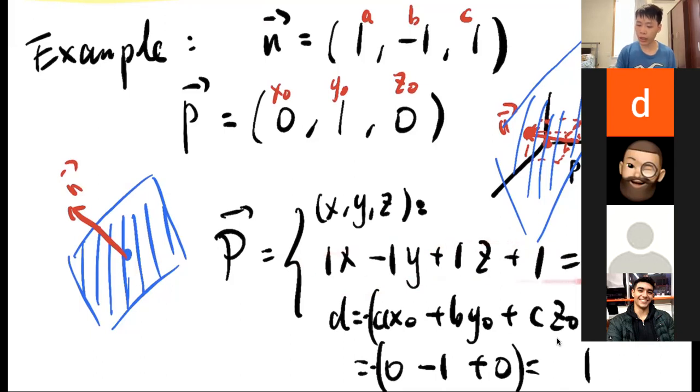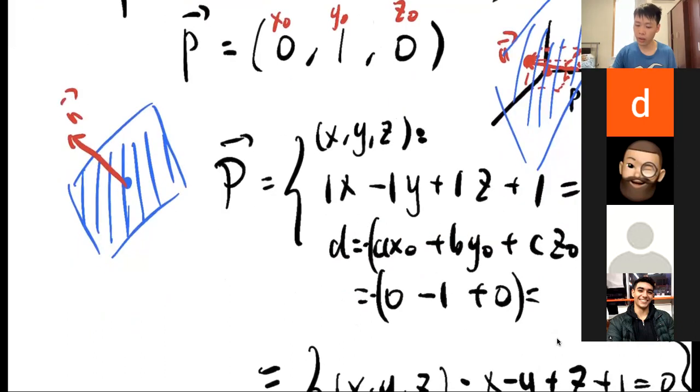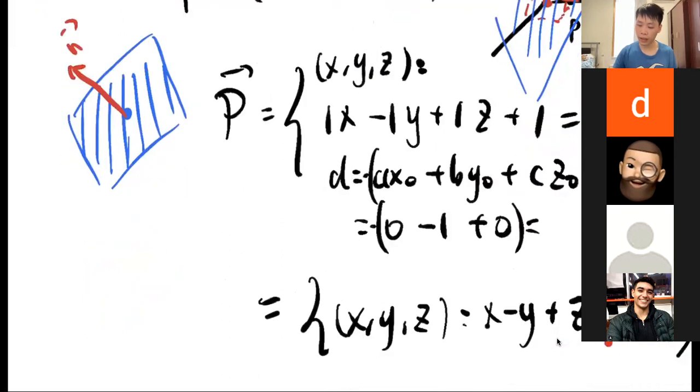So this is the equation that the point x, y, and z has to follow. And this equation you can formulate from a, b, and c, and x0, y0, and z0 using the formula before: x minus y plus z plus 1 is equal to 0. This is how the formula works. And this equation tells you that in order for the point x, y, and z to be on the plane, you have to satisfy this equation.